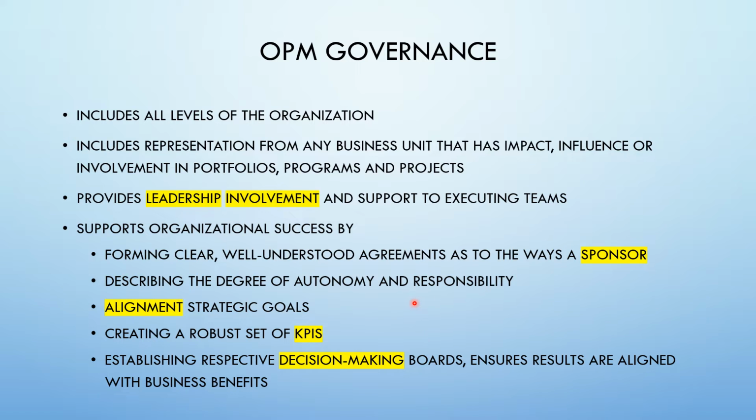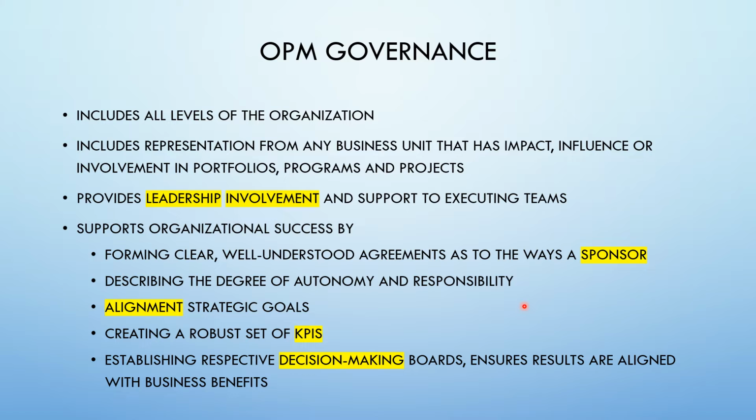Those are forming clear, well understood agreements as to the ways as a sponsor. It supports organization success by describing the degree of autonomy and responsibility for portfolio, program and project organizations.